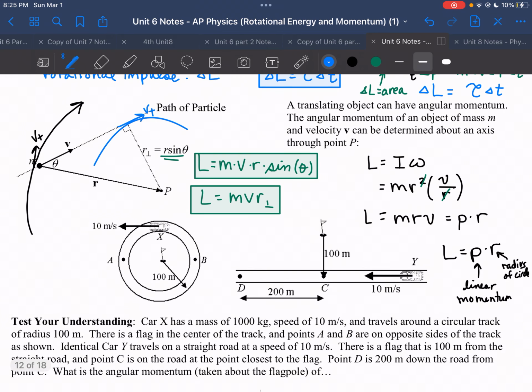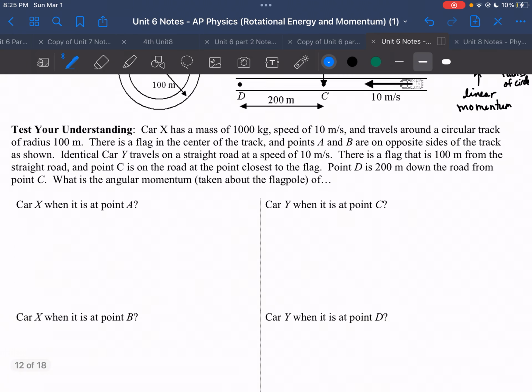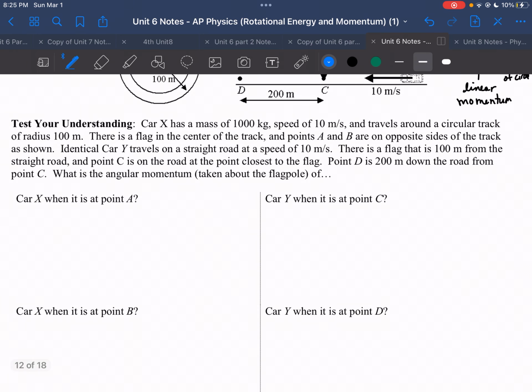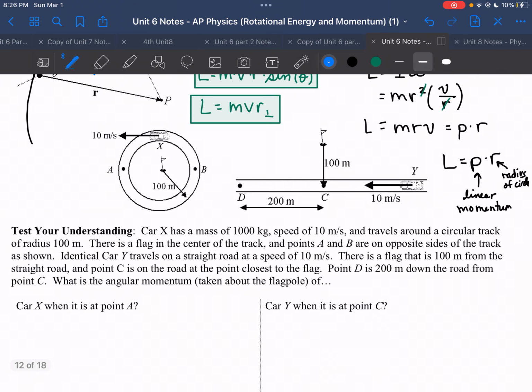Now, when we're looking at this part, we're going to be finding the angular momentum at different situations. So we're going to apply what we just looked at. So in the first one, we have car X, which car X is over here. That is the setup right here. It has a mass of 1,000 kilograms.